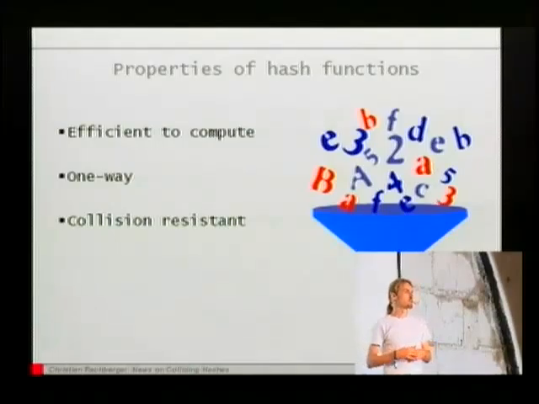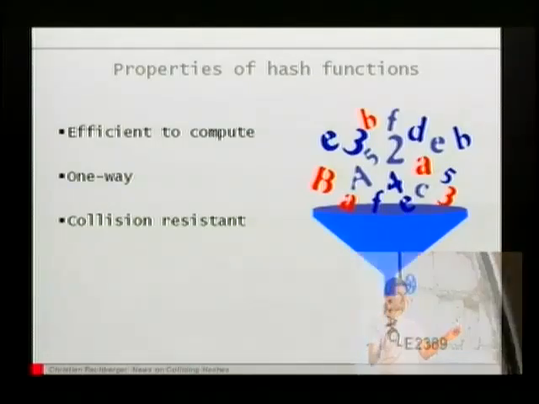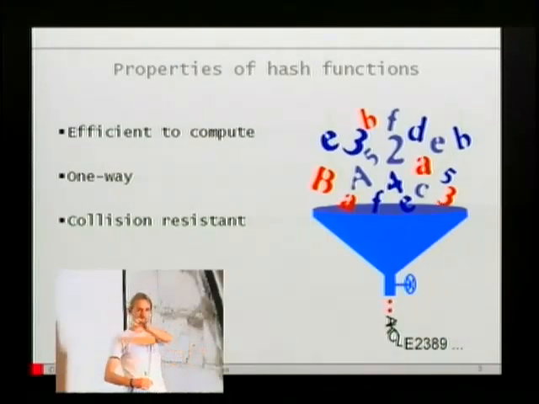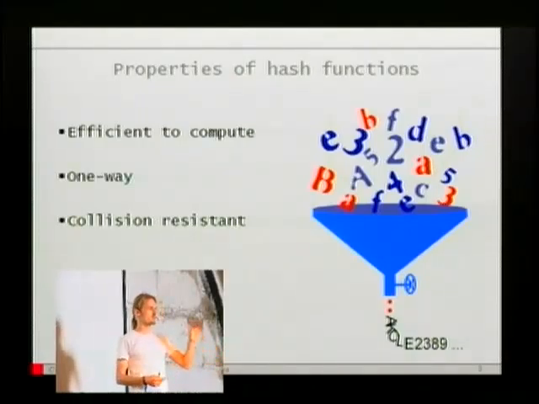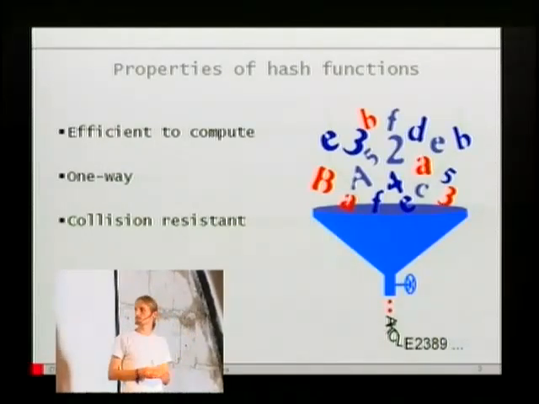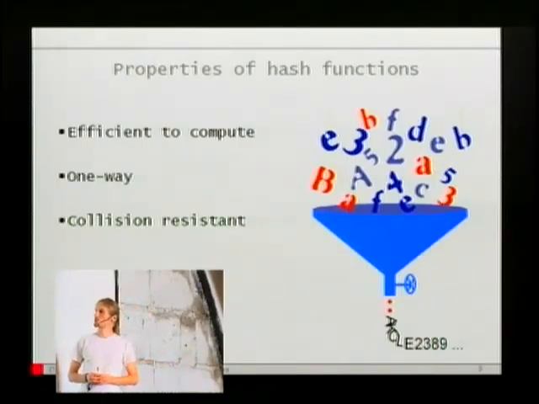There are several properties we want to have from these fundamental building blocks. Think of it as a pyramid, where at the foundation we have these fundamental building blocks, hash functions, ciphers, similar things. On top of that we have protocols and then applications. And of course we want our foundation to be as good and as strong as possible.